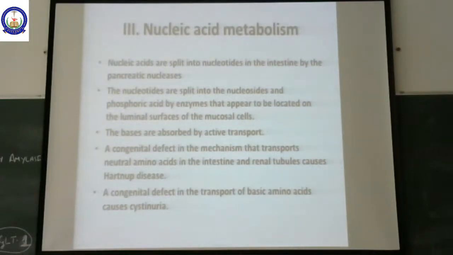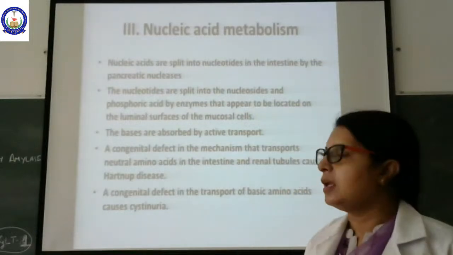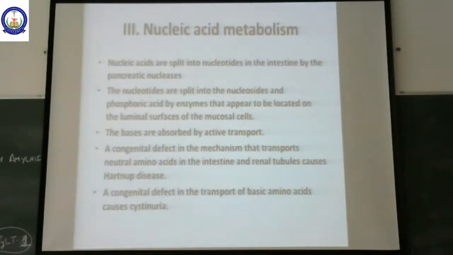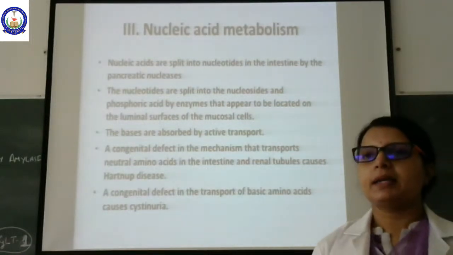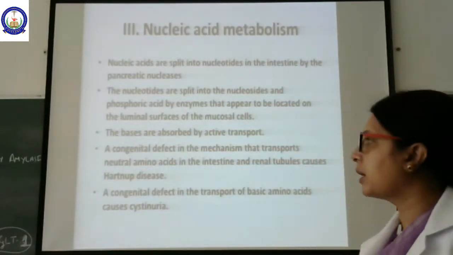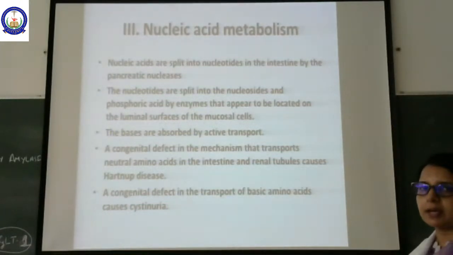The third important nutrient which is getting absorbed is the nucleic acid. Okay, so let's learn about nucleic acid metabolism. The nucleic acids are split into nucleotides in the intestine by the pancreatic nucleases. These are the important enzymes which play a major role in the digestion of nucleic acids.